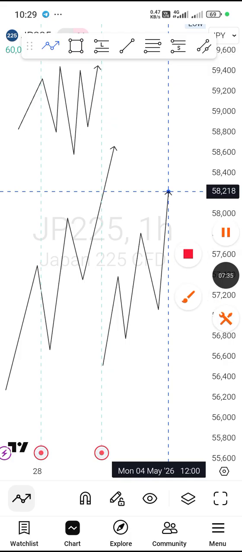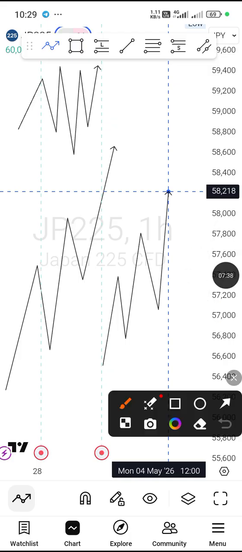Now it has broken this structure here, this structure here, this structure here, while respecting this structure.